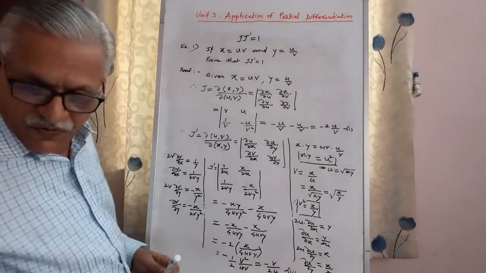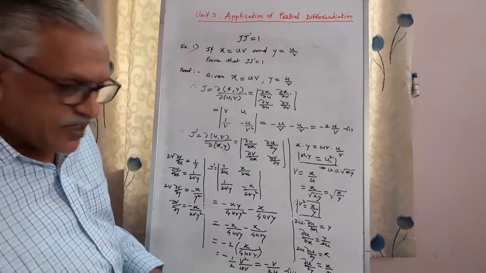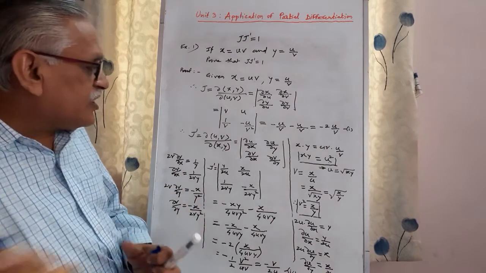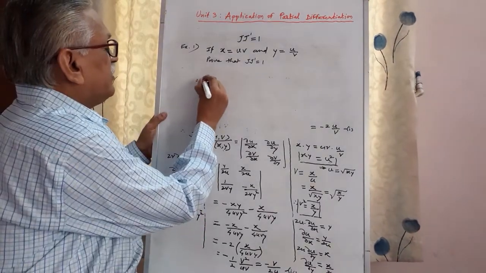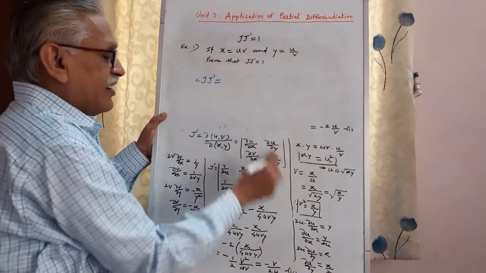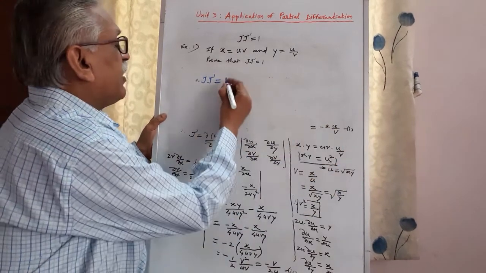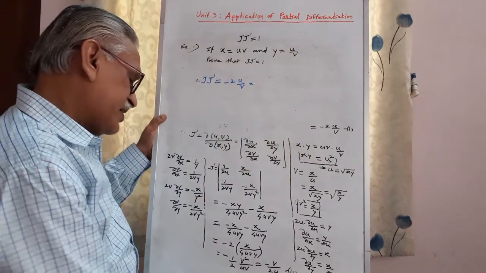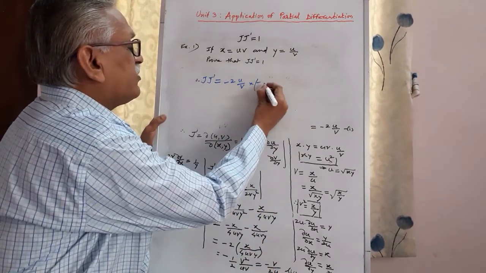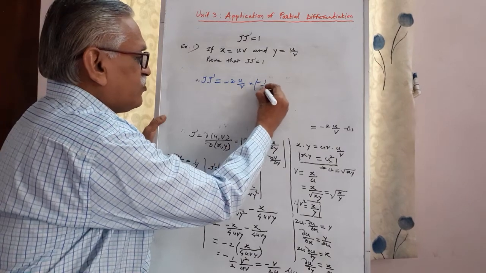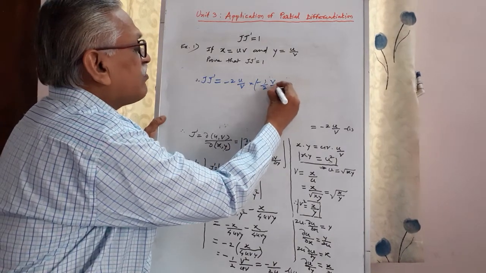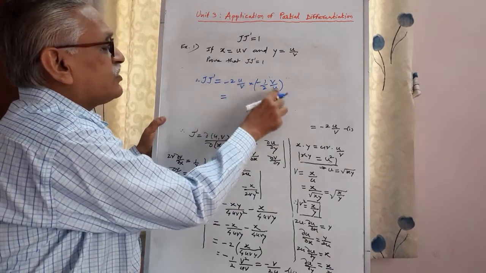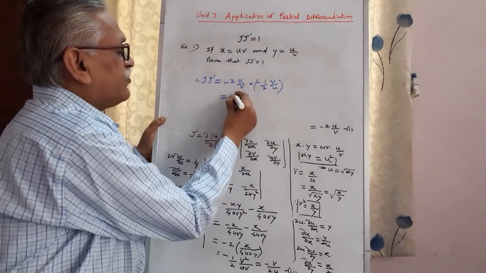Then if we take a product of this equation 1 and equation 2, we get J into J dash is equal to, the value of J is minus 2u by v, and J dash we have minus 1 by 2 v by u, and if you simplify it, 2 gets cancelled, u cancels, v gets cancelled, and therefore that product is 1.